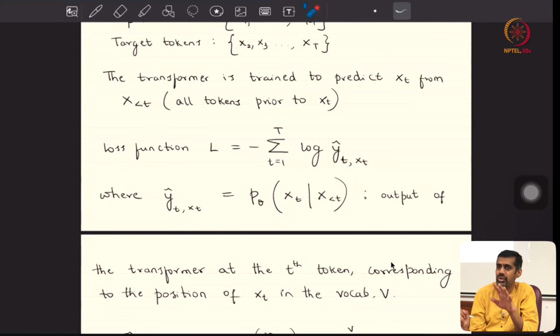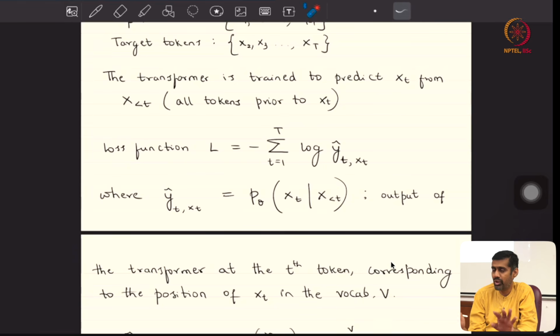Why? Because during inference, what do you do? The exact same thing. What you give as input prompt is x1 through xt, then you predict the next token, take that, append it, give the entire thing to the next step and keep predicting one after the other, that is it. That is how the inference also happens, and now you know why it is a sampler also. These auto-regressive models are also samplers.